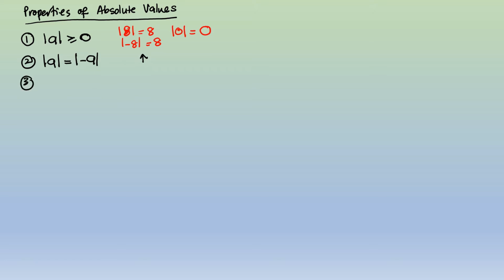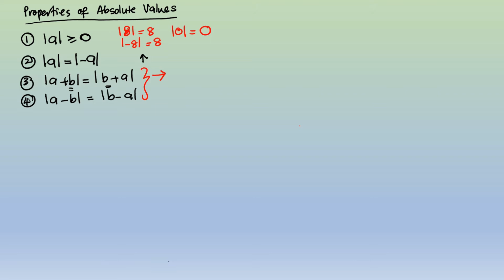For number 3, we have modulus A plus B is equal to modulus B plus A. Now we change the position. You just rearrange the number, you still get the same answer. Next, number 4, we have modulus A minus B is equal to modulus B minus A. So here let's choose numbers.